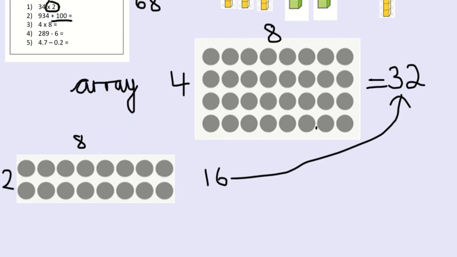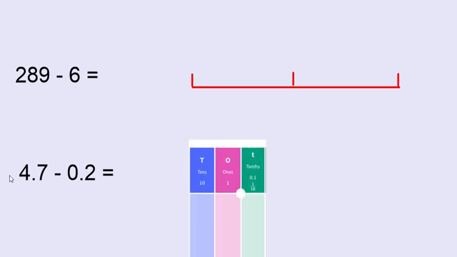Right, we're going to move on to question 4 now, which is 289 subtract 6. And what I've drawn over here is a number line to help us. So I know that I'm going to do 289 subtract or take away 6.